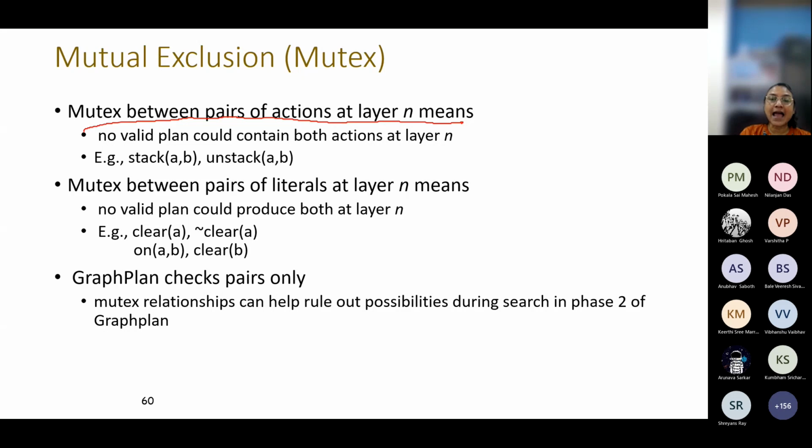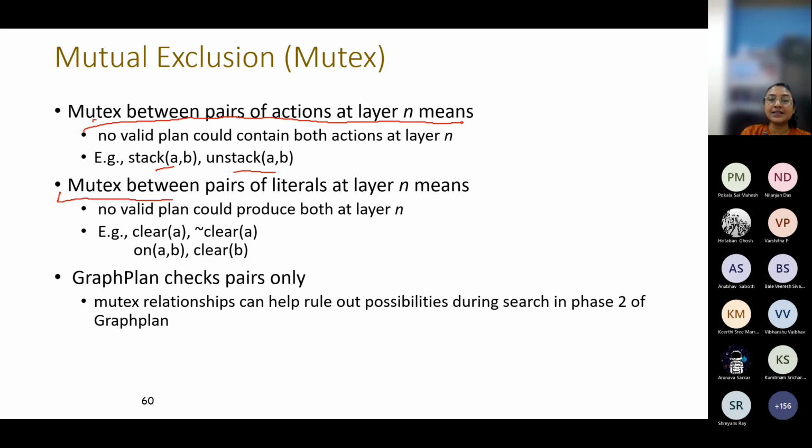For example, stack AB and unstack AB cannot both be achieved at a given layer. Right? Both cannot be achieved because one of them negates the precondition of the other. That we will talk about. So we have to find out what are the conditions of mutex between pairs of actions.